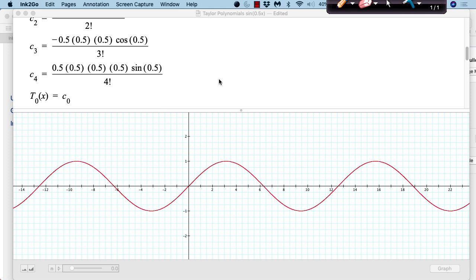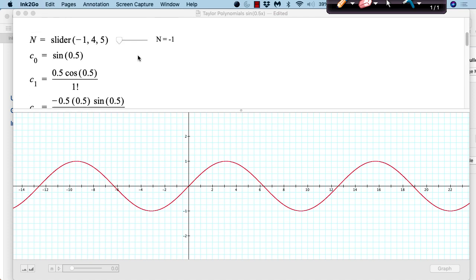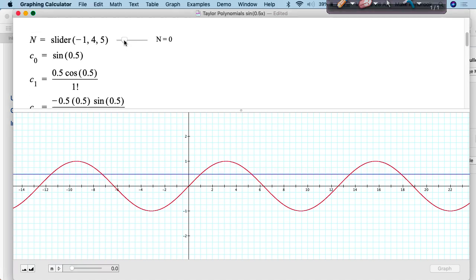And we force the coefficient to be what, so that we get what right about the function? What about the function does this C0 get right? Just the function value. All it does is get the function value right at 1.